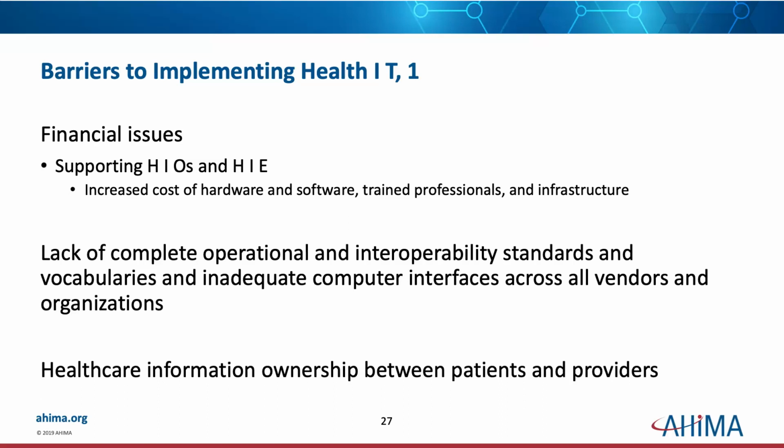However, the information contained in the record belongs to the patient. So you can see that there's going to be some conflict here, right? Absolutely. So there's always going to be that stress and strain, tug and pull between ownership.